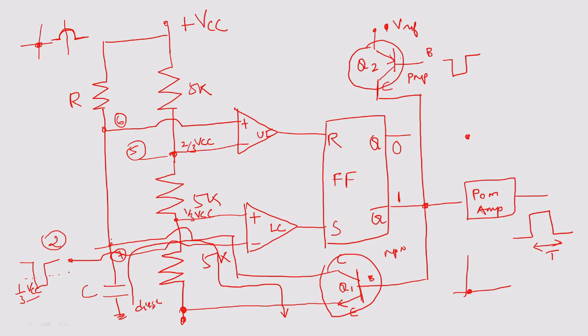Now when I am applying the trigger, please understand, here the plus is connected to 1 by 3 VCC, minus is given to the trigger, right? So when this trigger input is less than this 1 by 3rd of your VCC, this should be higher, then only your lower comparator will turn on, right?